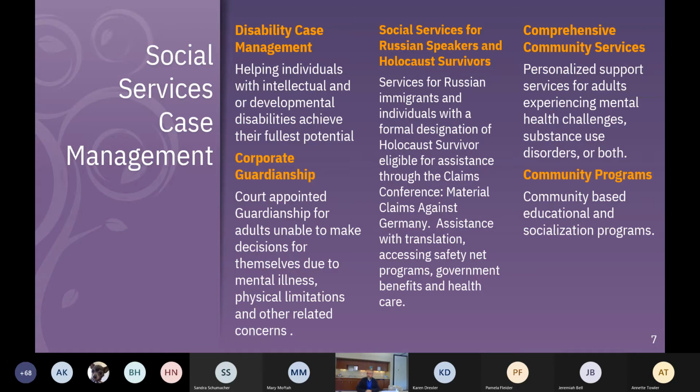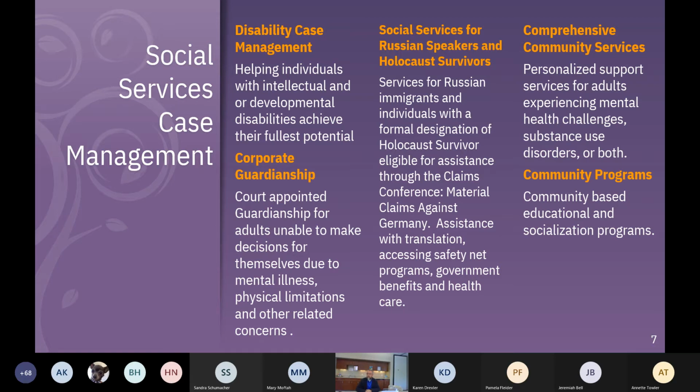We also offer social services here through case management programs, corporate guardianship programs, community programming, and comprehensive community services, or CCS program, which is one of our targeted programs for the NIATx project, which I'll talk about in a moment.